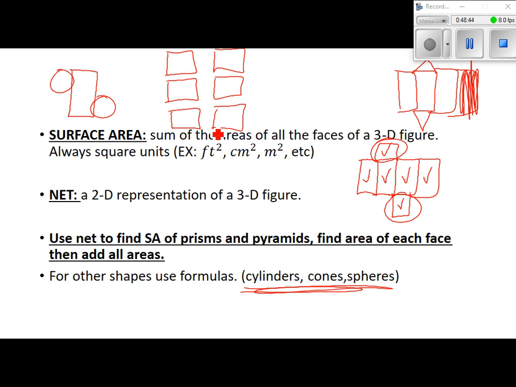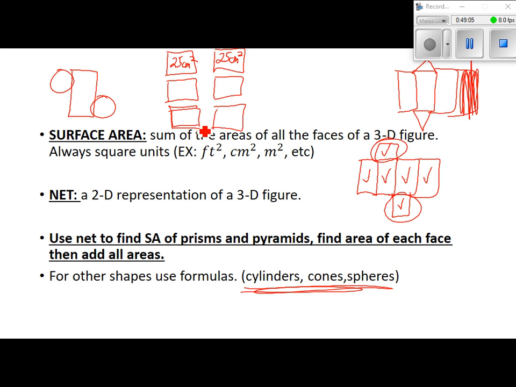What do you know about the front here and the back over here? They're equal. They have to be the same. So if I figure out the front is 25 centimeters squared, what's the back have to be? 25 centimeters squared. So you only have to find 3 instead of all 6, right?